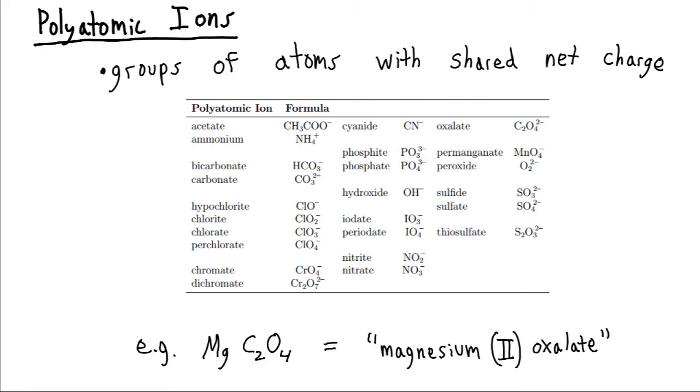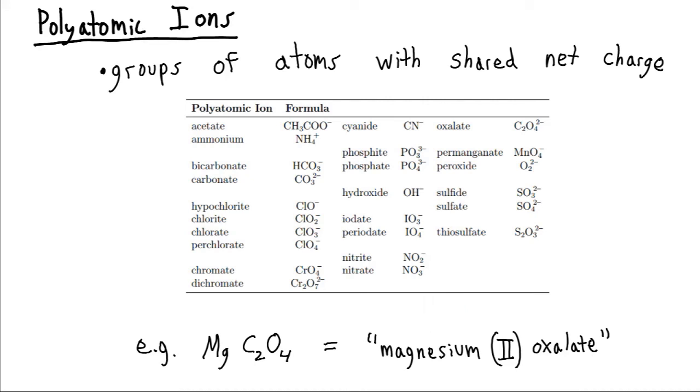So if we have something like MgC2O4, we would recognize this C2O4 as one of our ions up here. So that's oxalate. You can see it has a -2 charge associated with it. And just like with our other ionic compounds, we name the cation first, our metal. So we write magnesium.